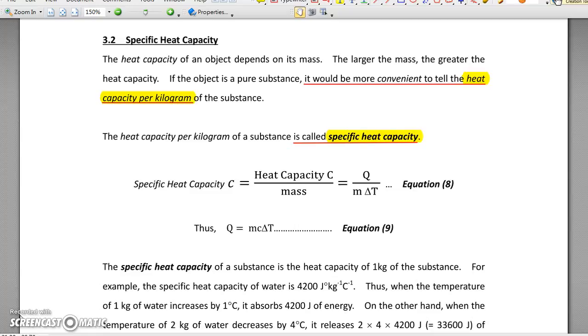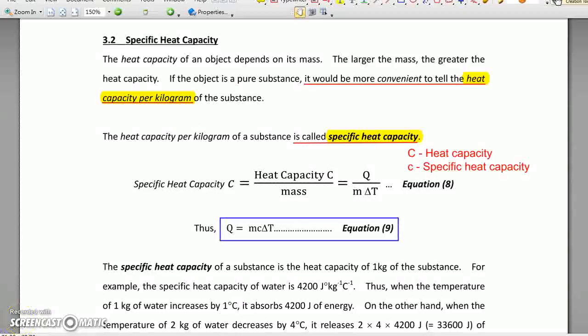The specific heat capacity is thus equal to the heat capacity divided by the mass m, and so given by equation 8, Q over m delta T. Note that the capital letter C stands for heat capacity, while the small letter c stands for specific heat capacity, which is the heat capacity of 1 kilogram of substance.